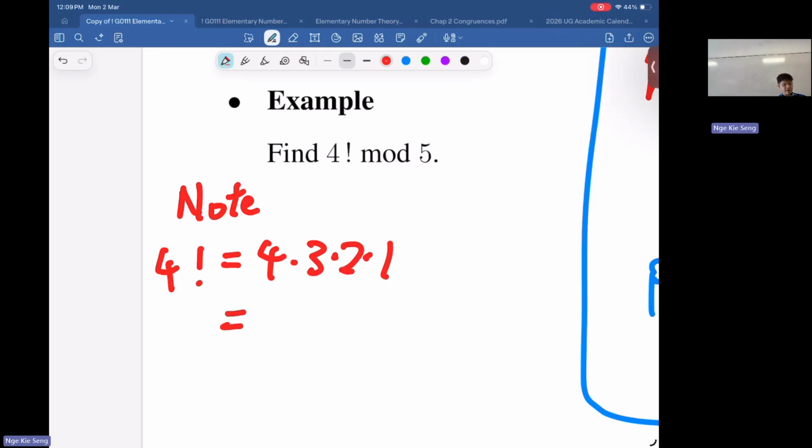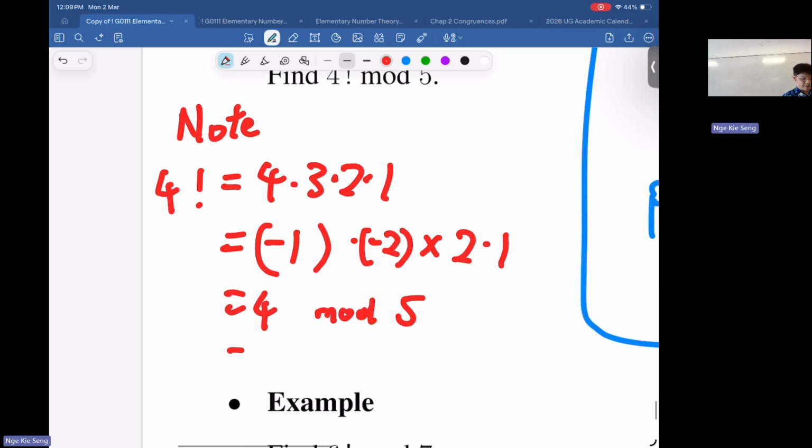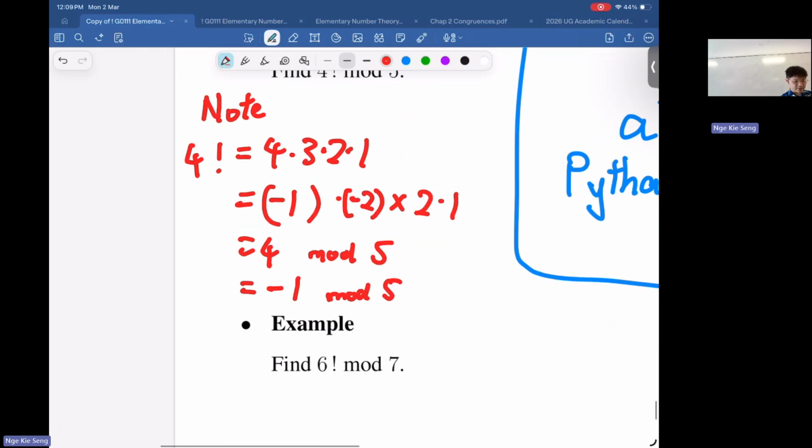And then mod 5, you can replace everything mod 5, right? So you can replace 4 by -1, 3 by -2, and make the numbers smaller. Then what do you return? You return -1 mod 5. So it seems like the factorial is not doing anything.